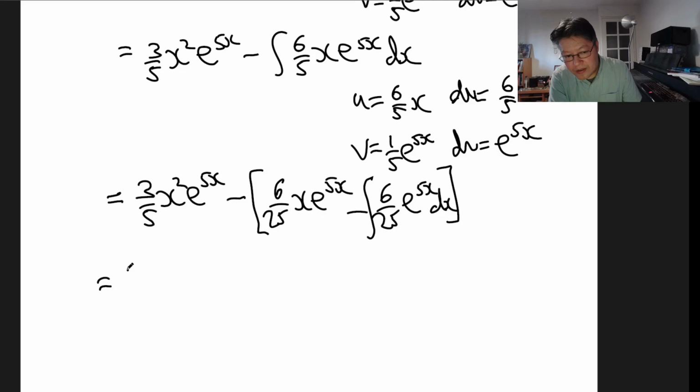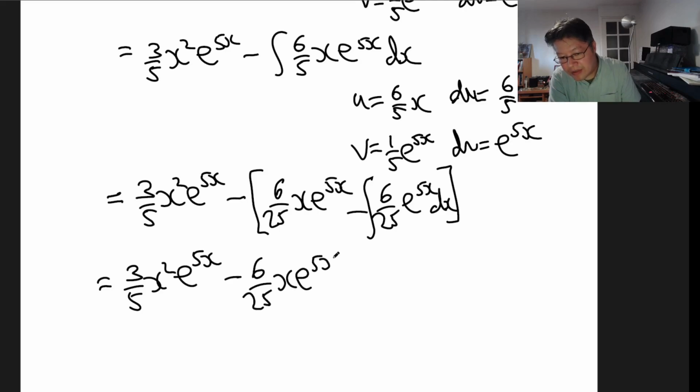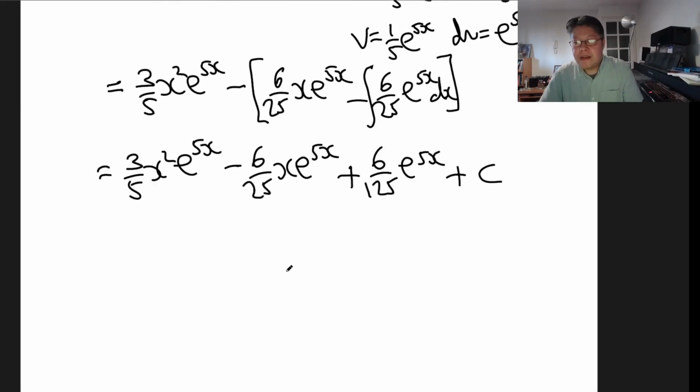So here we get 3/5 x squared e to the 5x, and we apply the minus, so we get a minus 6/25 x e to the 5x, and we have a minus and minus, so that's a plus, and when we integrate this it will remain positive, so that's going to be a plus 6/125 e to the 5x plus c at the end. And that's the answer.